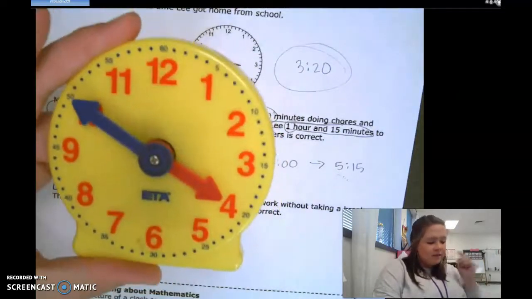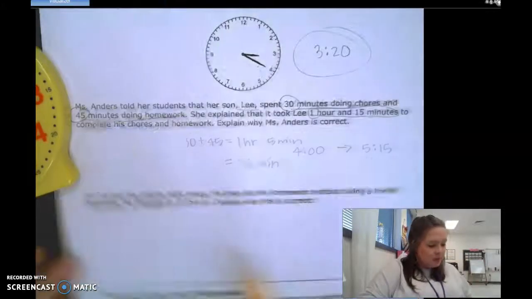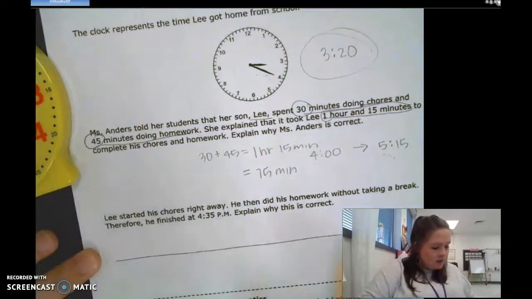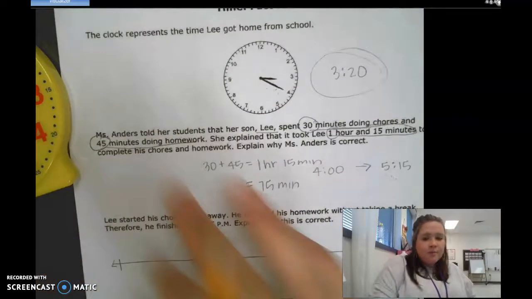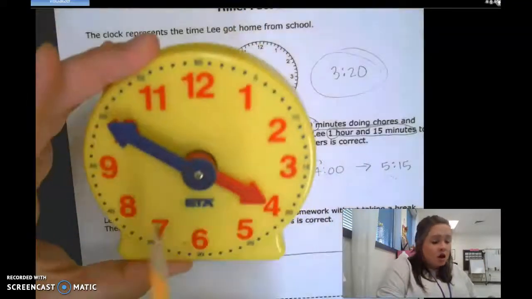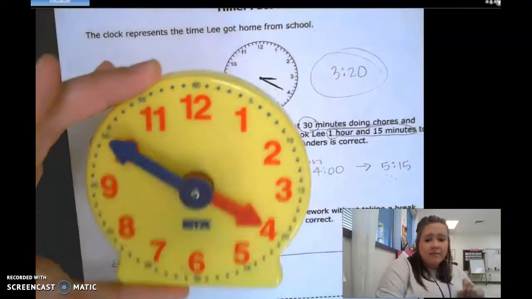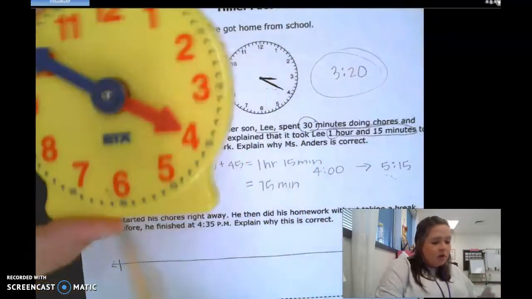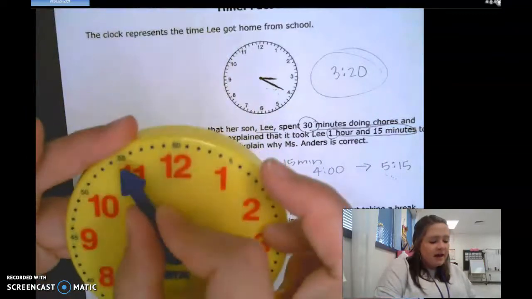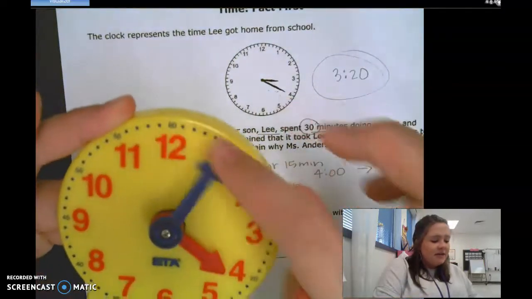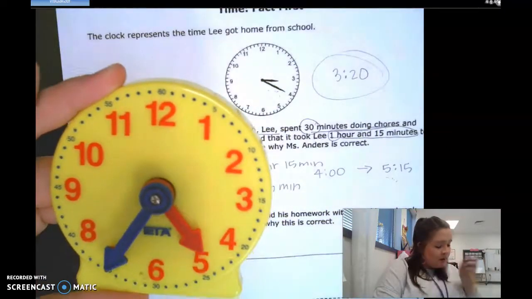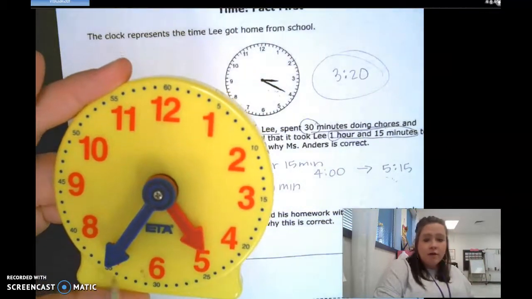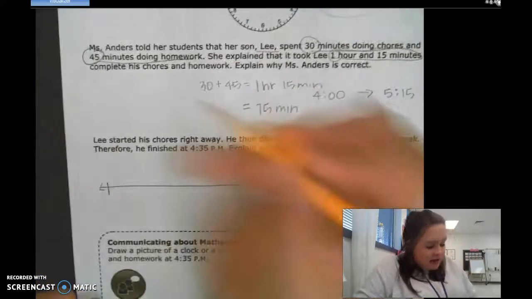What time do you land on? We land on 3:50, okay? Now we're going to go 45 minutes. 5, 10, 15, 20, 25, 30, 35, 40, 45. That is 4:35.